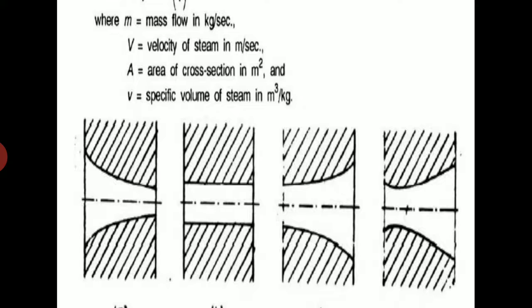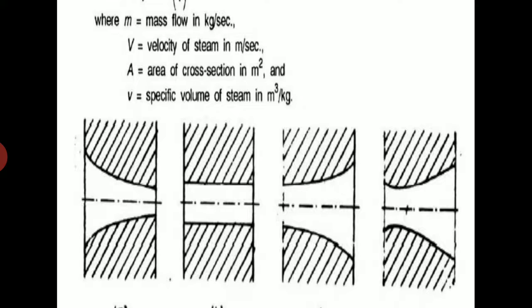Figure B represents the correct contour for some hypothetical substance for which both velocity and specific volume increase at the same rate, so that the ratio V by v is constant at all points. So the area of cross section should be constant at all points, and the nozzle becomes a plain tube.